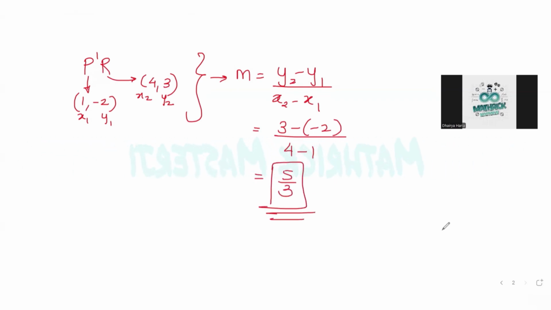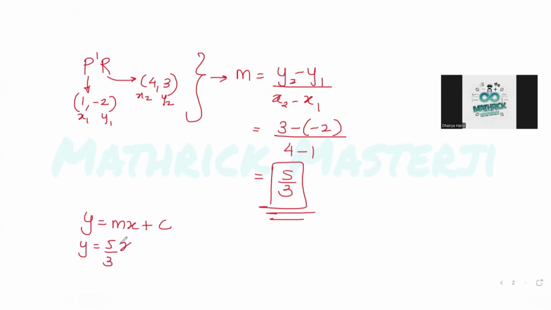Now that I have that 5 over 3, I want to figure out the equation of this line. The equation of the line is given by y equals mx plus c. I have the slope already, but I do not have the y-intercept.